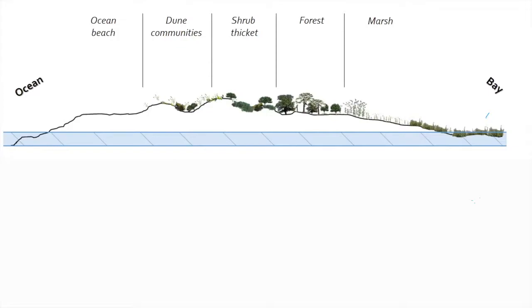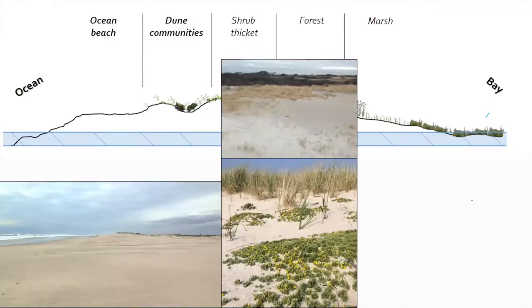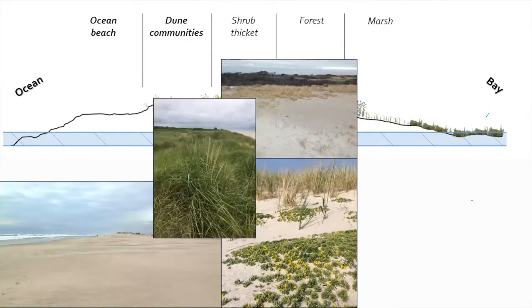We were particularly interested in these ocean beach and dune communities, which look something like this, where you can see exposed sand and some early successional species. These early successional habitats are dominated by beach grass, which is a dune stabilizing plant species that can withstand up to 1 meter of burial of sand.